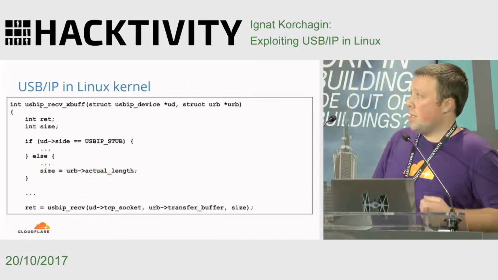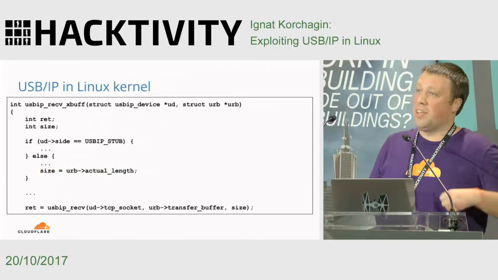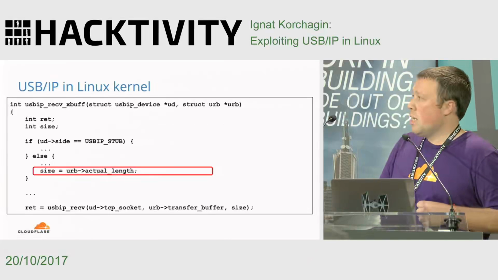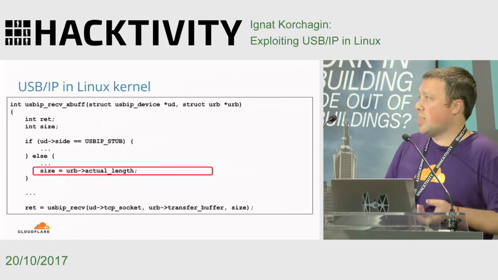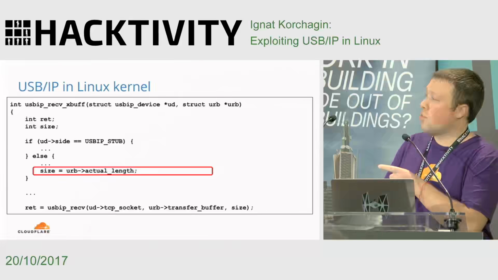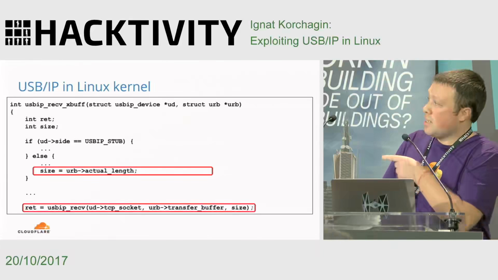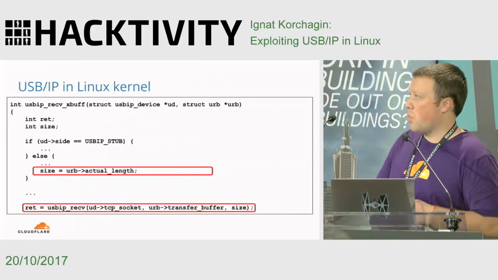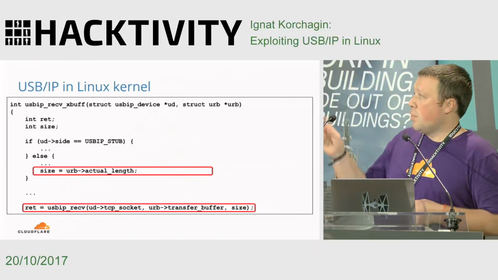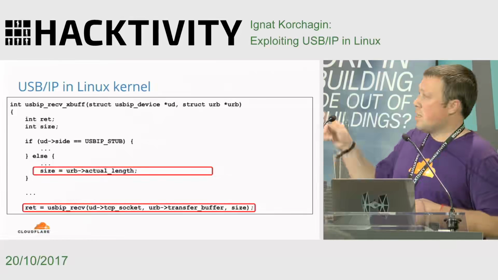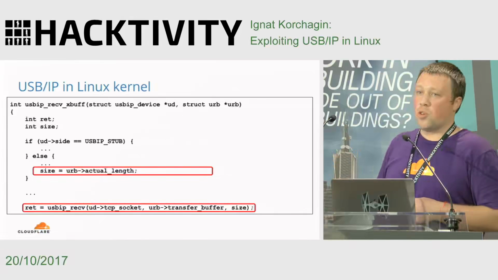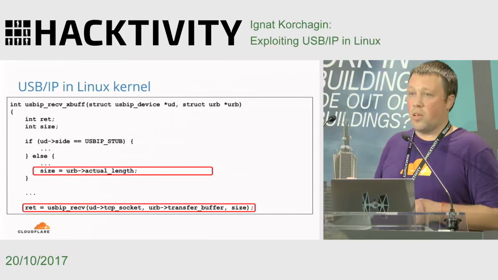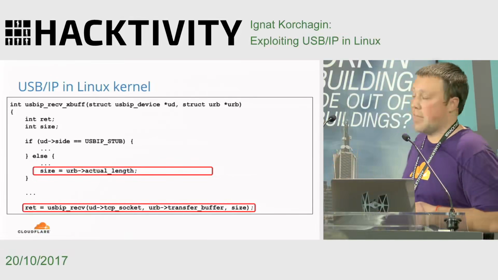structure. Then if you take a closer look at the receive of the rest of the data portion, you'll see that there is a local size variable which is initialized from this actual length, and then the size variable is used to receive the rest of the data from the network buffer. Because of this chain, the size variable comes from the network and can be controlled by an attacker.